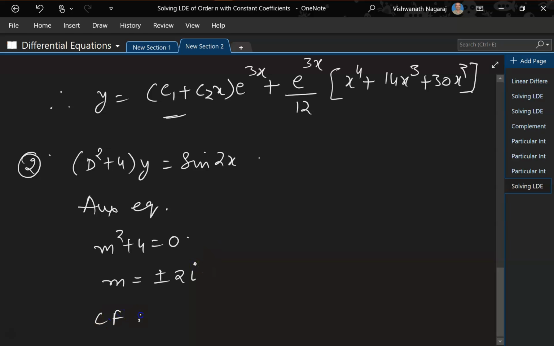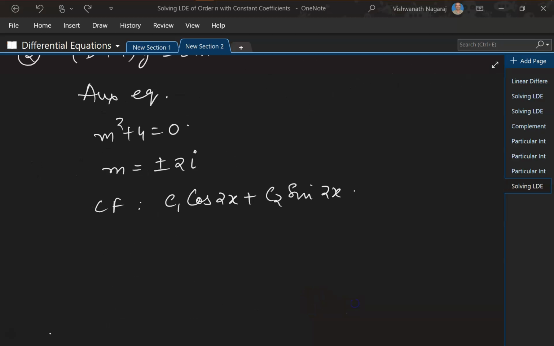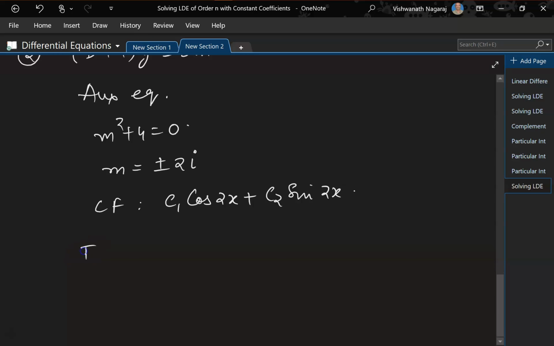So that means the complementary function would be c1 cos 2x + c2 sin 2x.